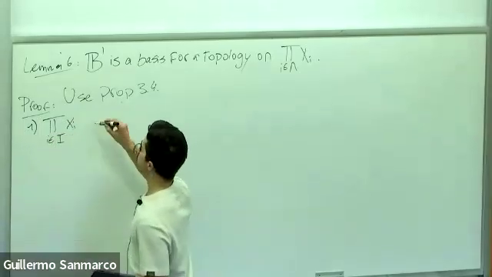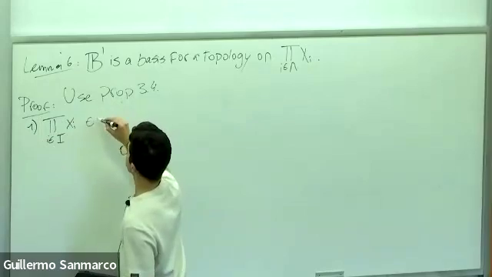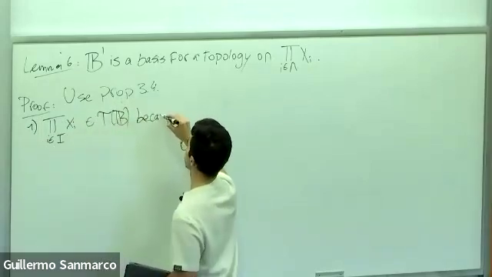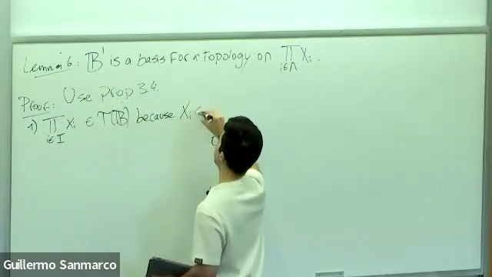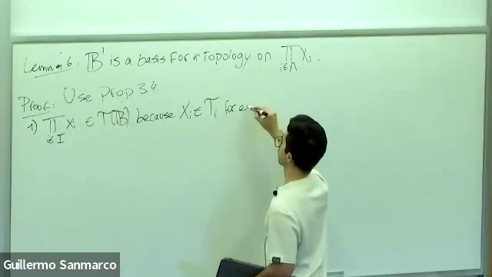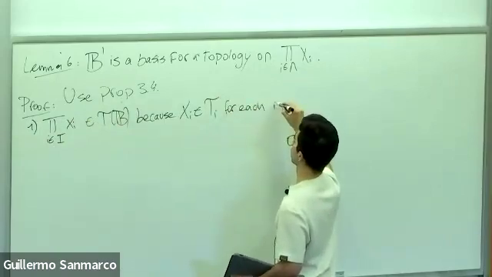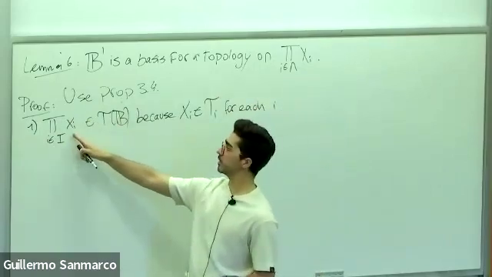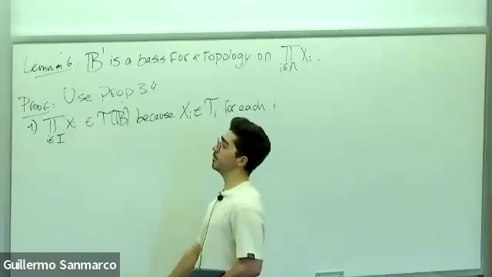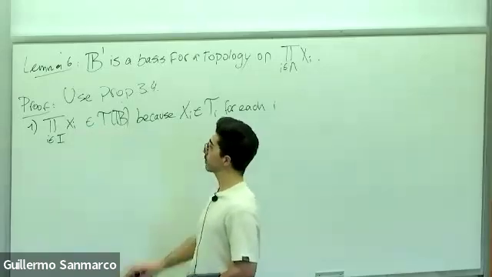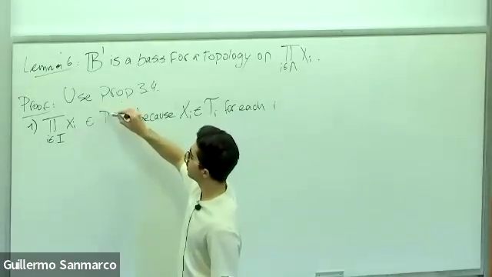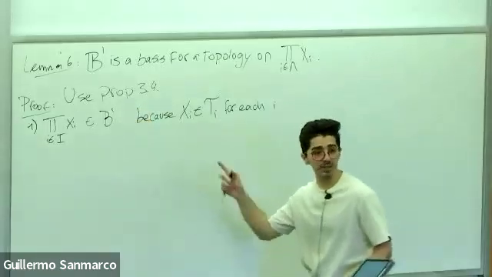So this is in T of B because Xi is in Ti for each i. What's actually going on here is that this is just in B prime, so I don't need to verify it's a union of things in B, it's just an element in B.